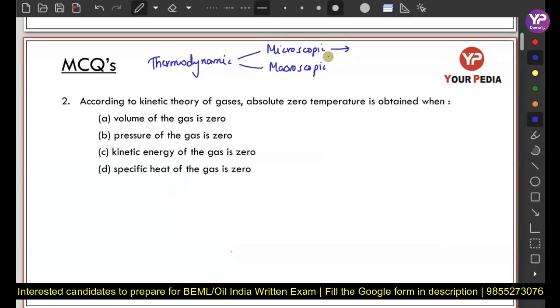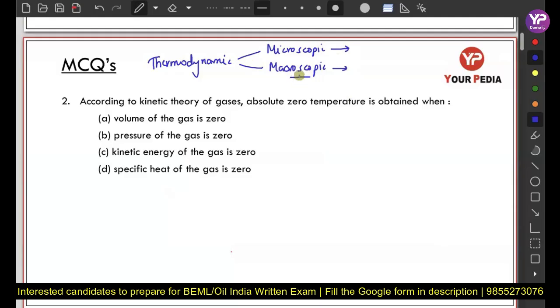In the microscopic approach, we are dealing with the atomic or molecular level, concerned with the changes taking place at that level. But in the macroscopic approach, we don't consider the atomic or molecular variation. Here we are considering the average properties of all the atoms and molecules.